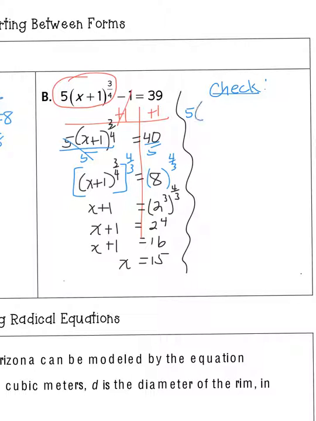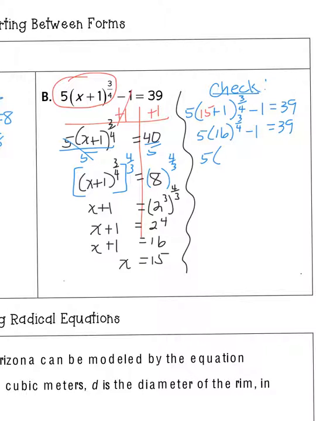So 5, so we're putting 15 in here. So I get 5 times 16 to the 3/4 minus 1 equals 39.